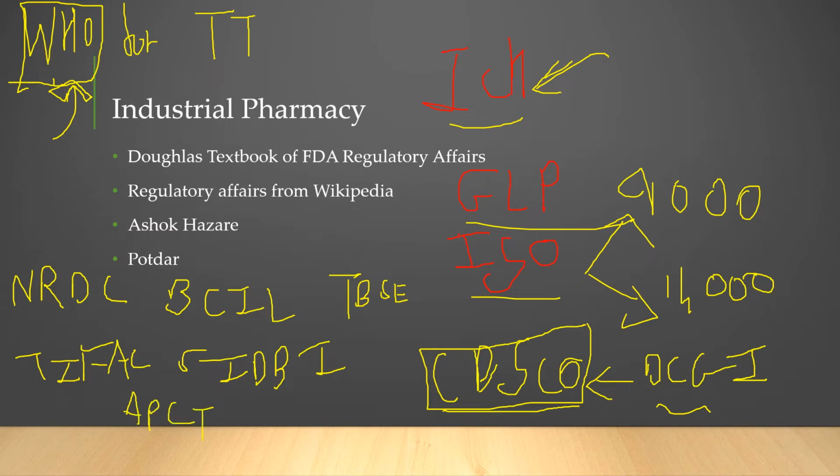So what are all these? These are basically your important guidelines that you have to refer, and these are technology transfer agencies. They have certain functions, like some will provide funds, some will provide collaboration, and they help in patent restoration.